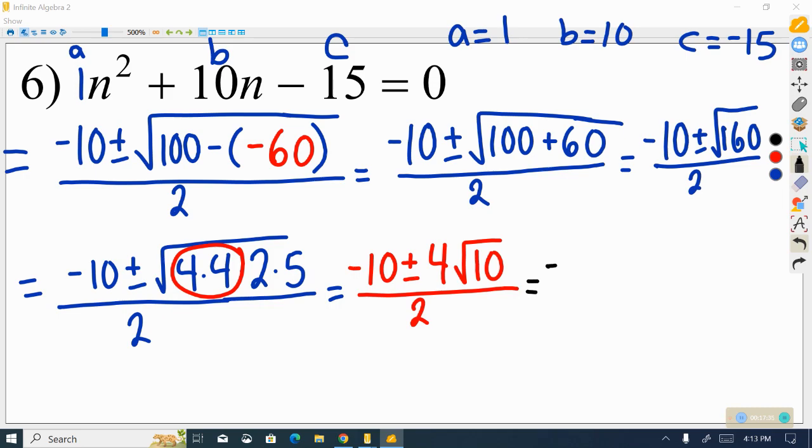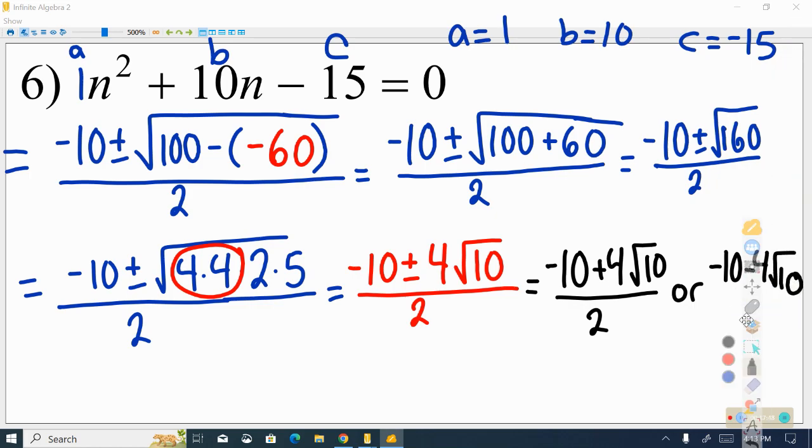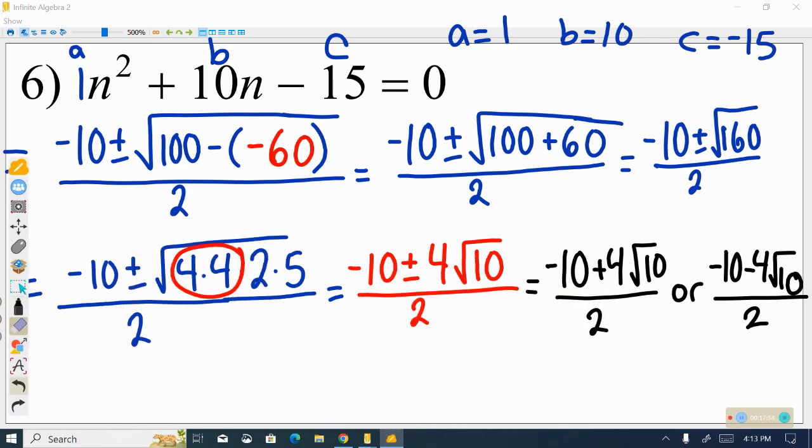So we're going to do negative 10 plus 4 root 10 over 2, or negative 10 minus 4 root 10 over 2. Okay, and I know that got kind of messy over here, so I'm going to try to fix that.